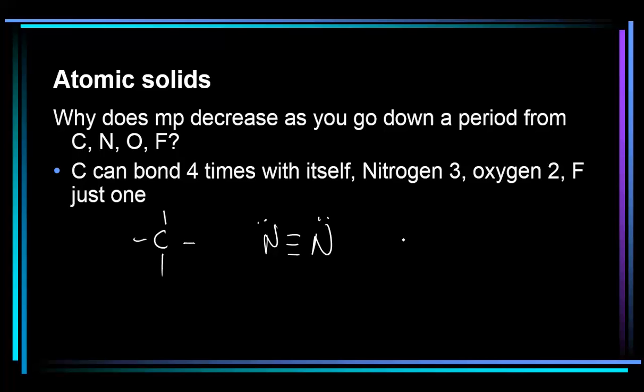Weaker, but still stronger than oxygen, which bonds 2 times to itself. And finally, fluorine bonds only 1 time. So the number of bonds to itself actually gives you strength.